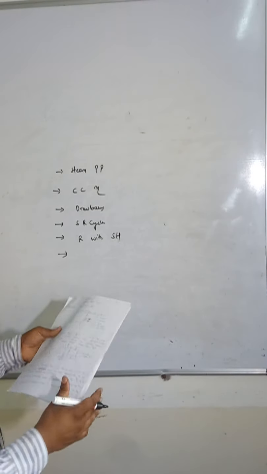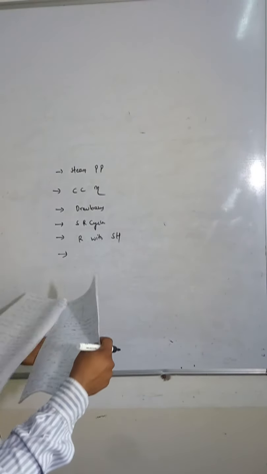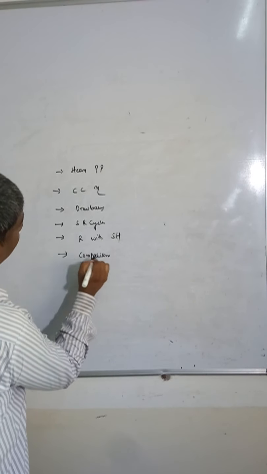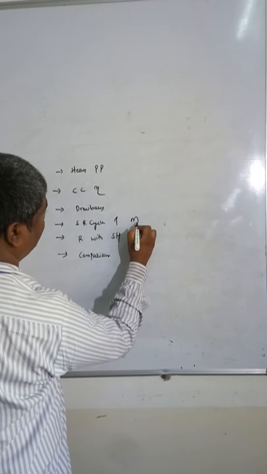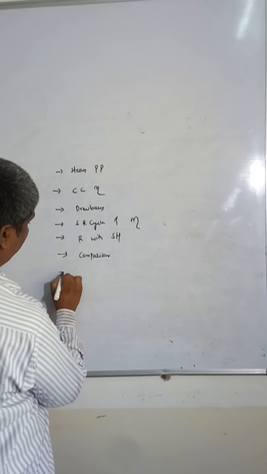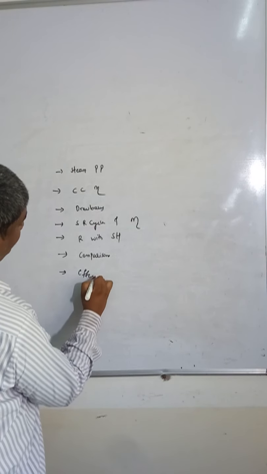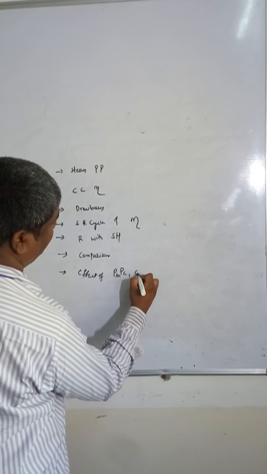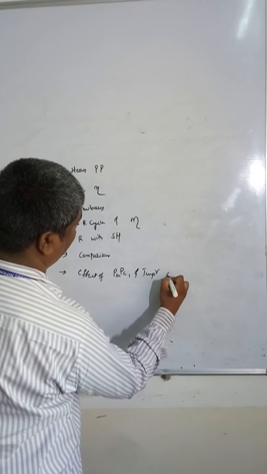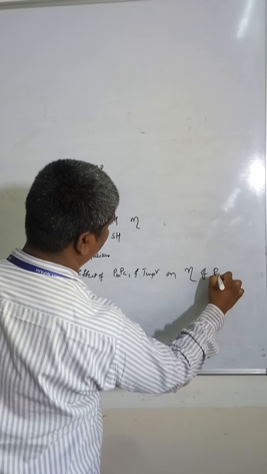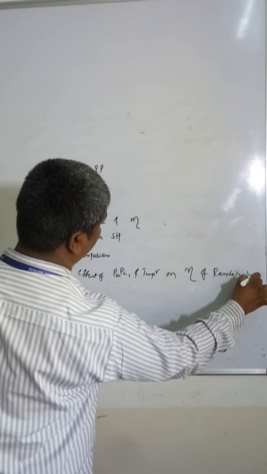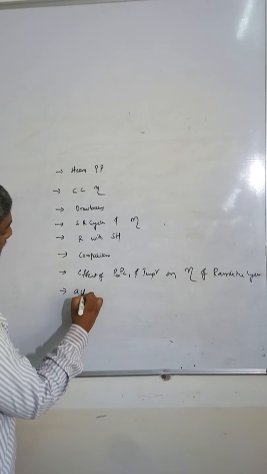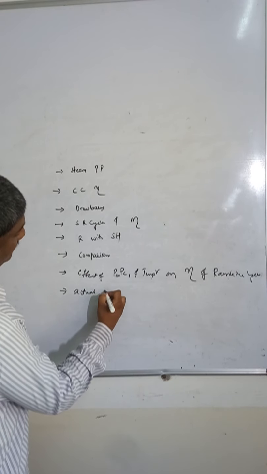Then we have seen comparison, and here also efficiency, comparison, then the effect of PB, PC and temperature on efficiency of the Rankine cycle. And also we have seen the actual Rankine cycle.